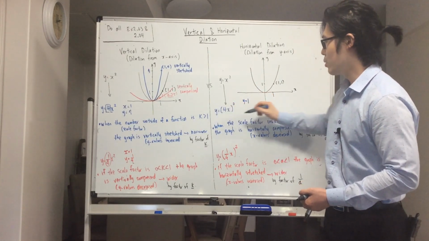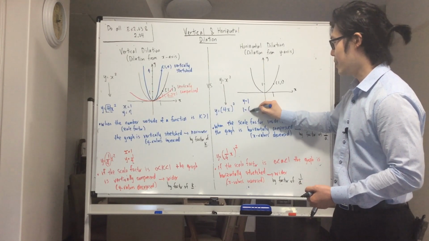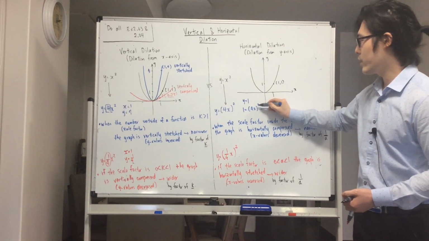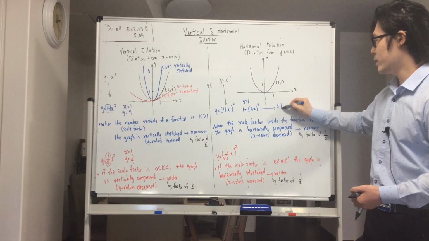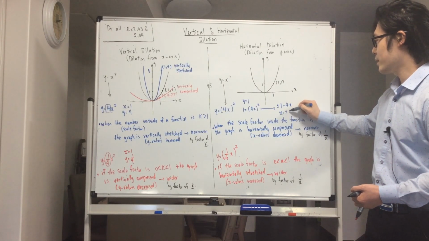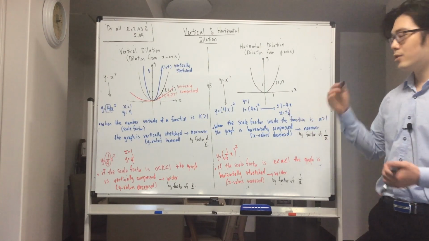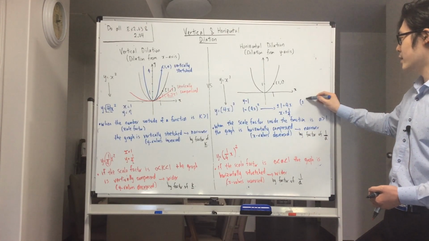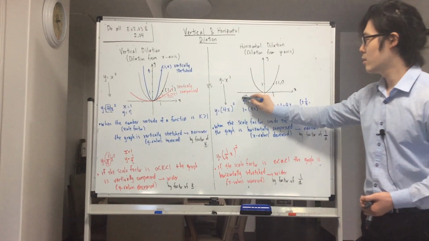So if I substitute 1 in here, I get this, and I'm going to solve for x here. So if I square root 1, that's plus or minus 1 equals 4x. So that means x is equal to plus or minus 1 over 4. So that means in this graph, it has to go through plus or minus 1 over 4 and 1.